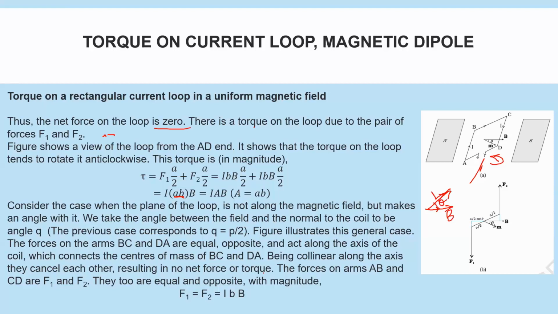If we take the angle between the field and the normal to the coil as theta, this will be theta.